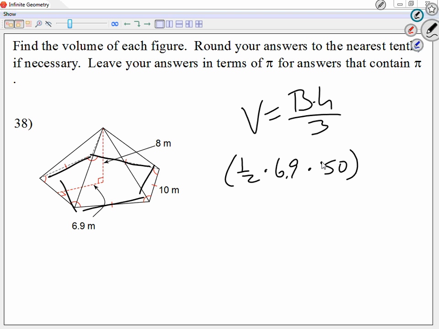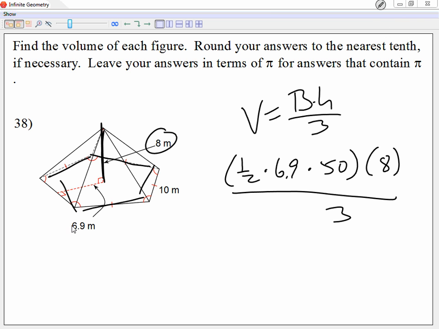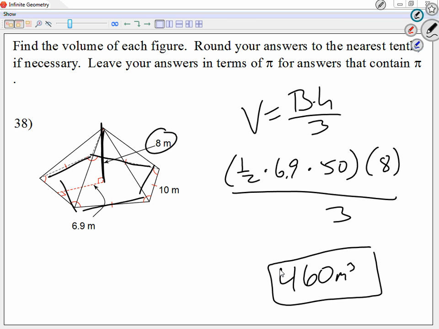So that's the area of the base. The perimeter is 10 times 5. The height is 8. You can see the height is 8. And then divided by 3. So the area of the base times the height divided by 3, you should get 460. In volume, the measurements are to the third.